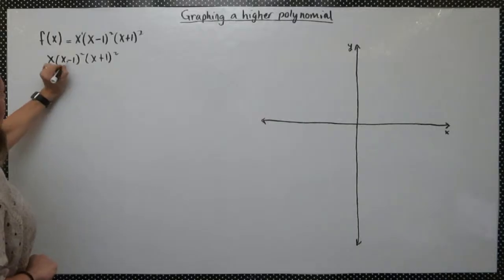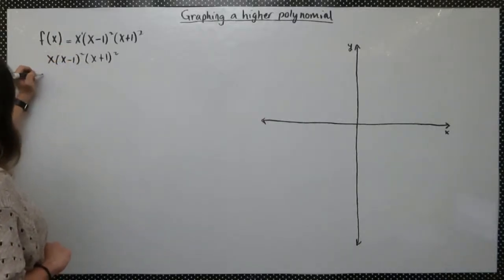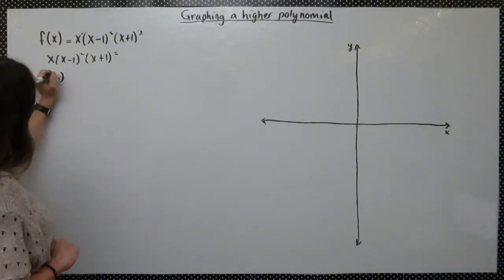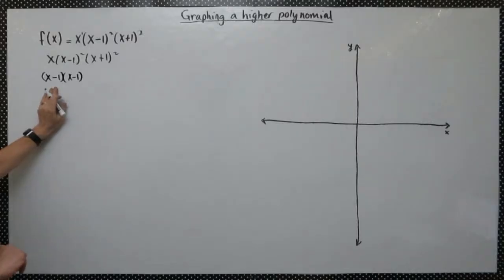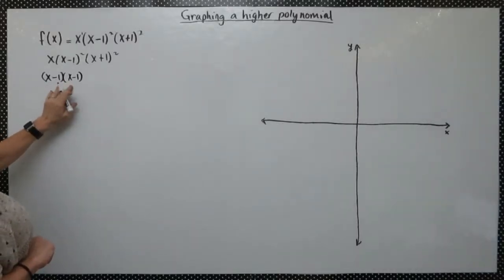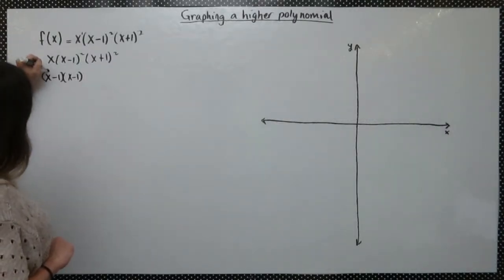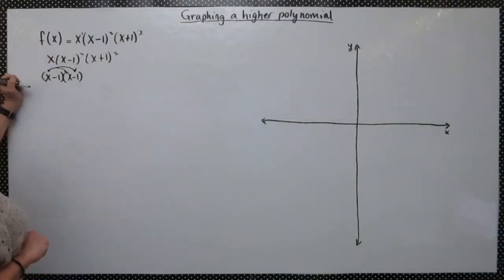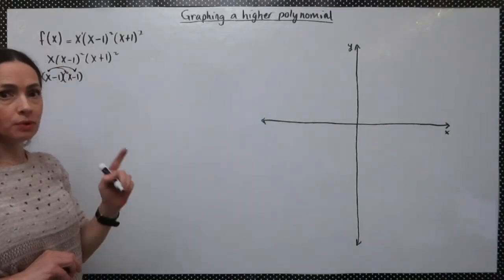When you have a binomial like this and you're squaring it, what that means is it's x minus 1 times x minus 1, because you're making exact copies and multiplying them. Then you remember that FOIL method, first, outer, inner, last. But what you're doing is systematically making sure that each term gets multiplied exactly once.